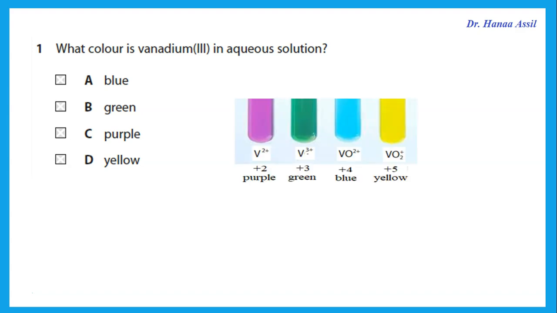So vanadium, for example, you should know vanadium plus 2 is purple. Vanadium in the plus 3 oxidation state is green. Vanadium in the plus 4 is blue, and in the plus 5 it is yellow. So we're being asked what is the color in plus 3, that is green.